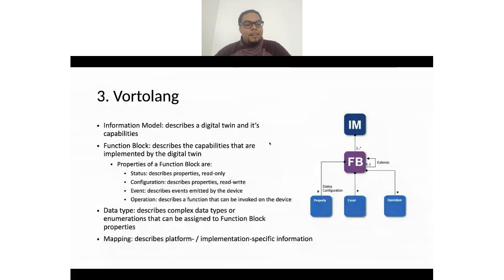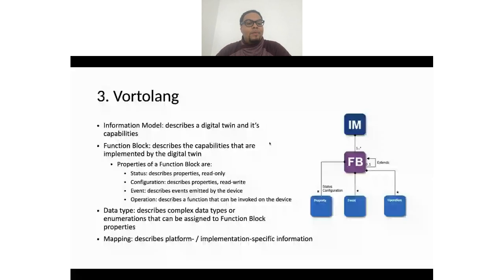Another construct within the language is the data type. Vorto already comes with a couple of primitive data types like string or integer. But if you have a more complex data type, you can also use this construct to create an object or enumeration that you can assign to your properties. And finally, we have something called mapping, which is not shown on this diagram.